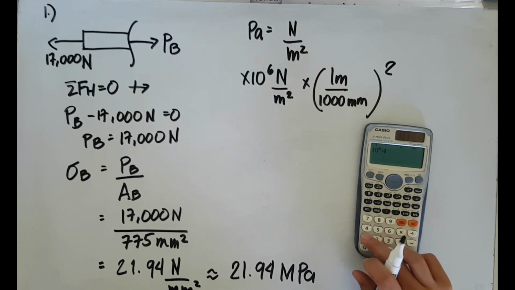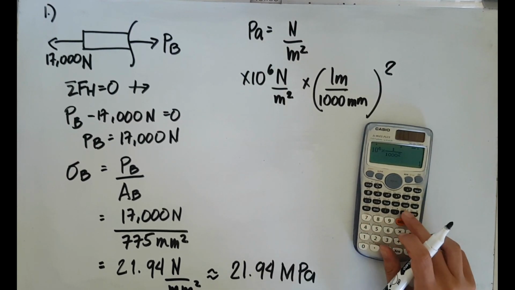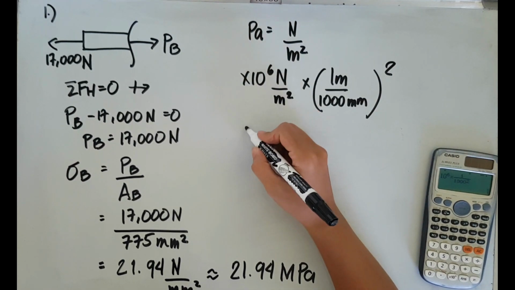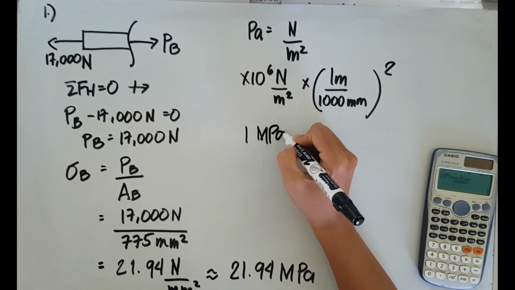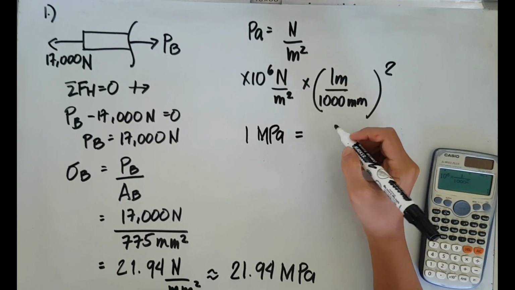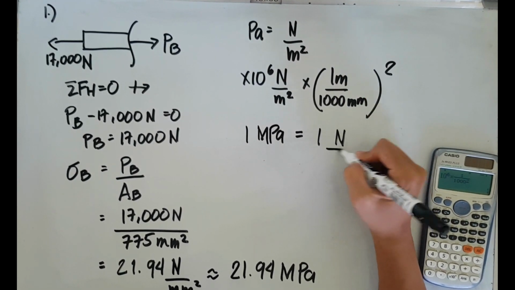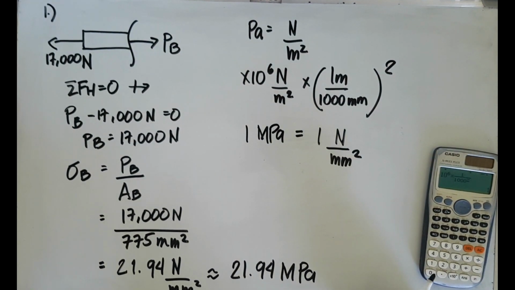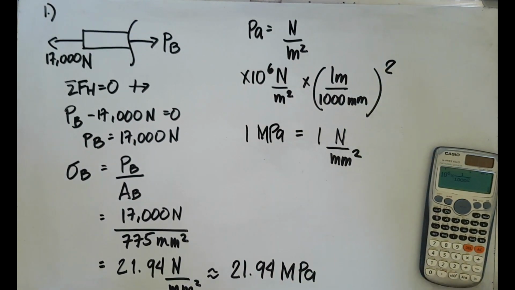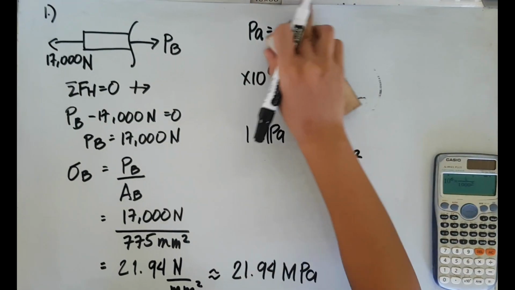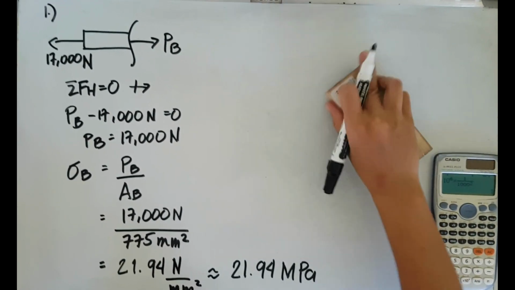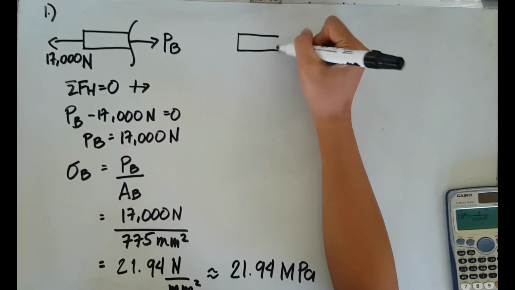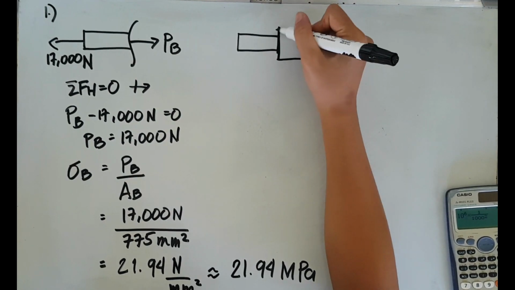In 1 meter there's 1000 millimeter. So converting it into megapascal, therefore 1 megapascal is equal to 1 Newton per square millimeter. That's how I arrived at 21.94 megapascal.